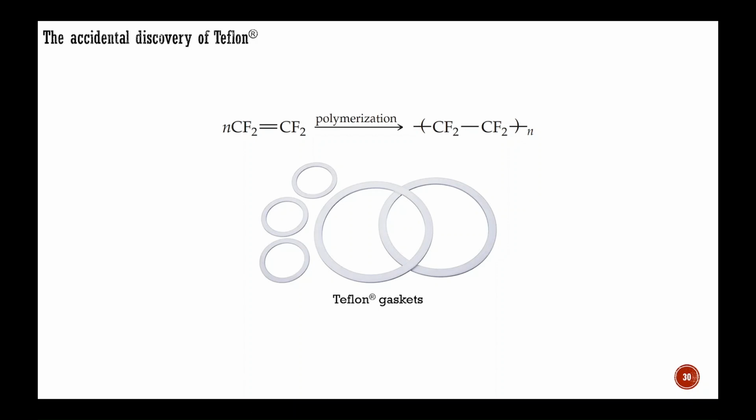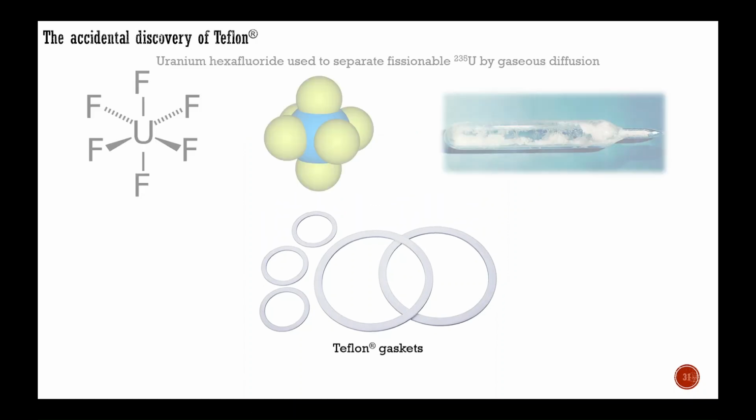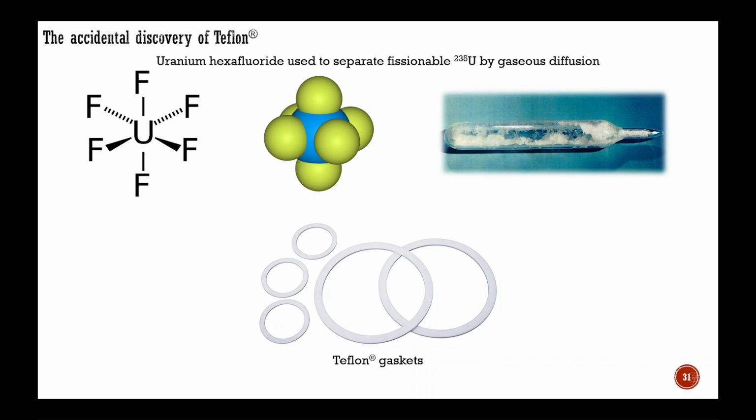As it turned out, the properties of this material, called Teflon, were ideal for an immediate and important application, the development of the first atomic bomb. Uranium hexafluoride, which was used to separate radioactive uranium-235 by gaseous diffusion, is an extremely corrosive material.